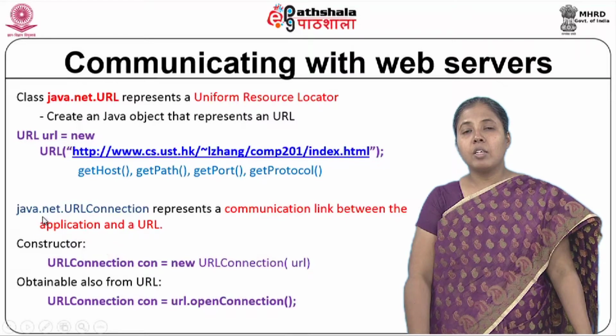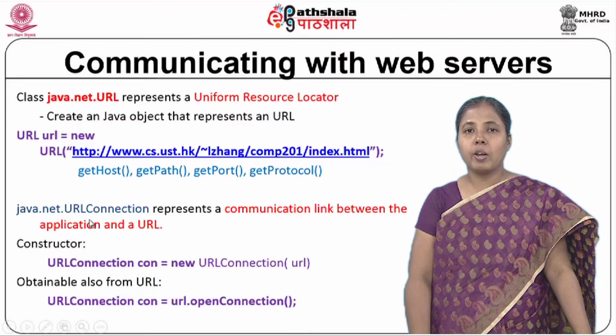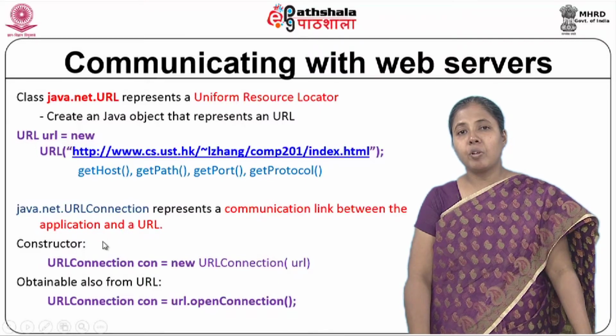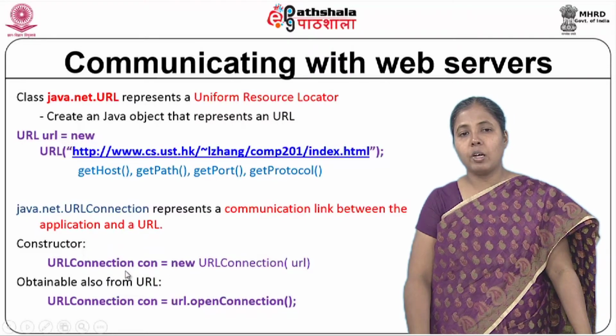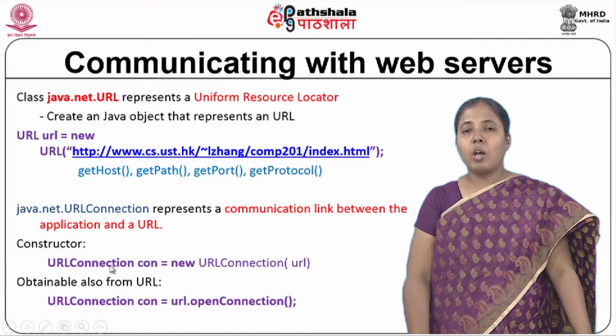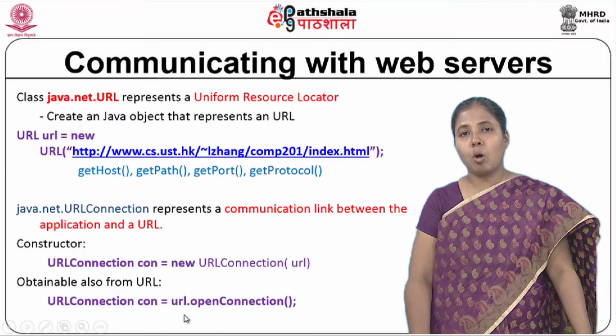In the java.net package you have a class called the URLConnection class that represents a communication link between the application and a URL. The constructor of the URLConnection class looks like this. You can directly make a new URLConnection and create an object of the URLConnection. Here, con is the object of this URLConnection class. This URLConnection object can also be obtained with the URL object.